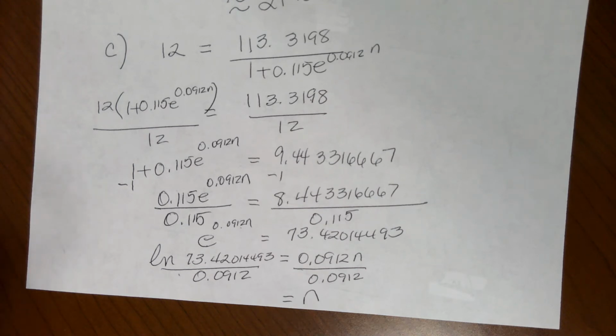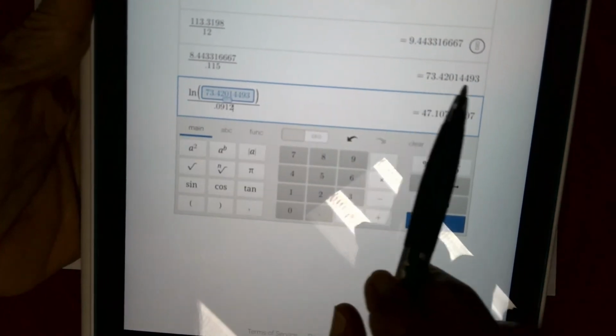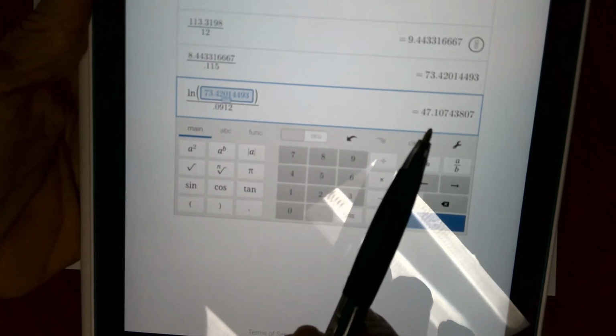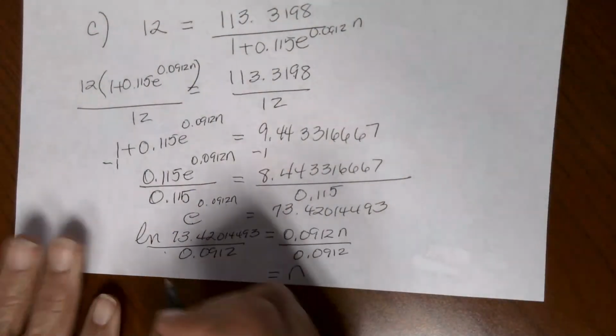Oops, forgot the 0. So I'm entering this into my calculator. I have ln of this number divided by 0.0912, and I get this answer. So I'm going to write that answer out.